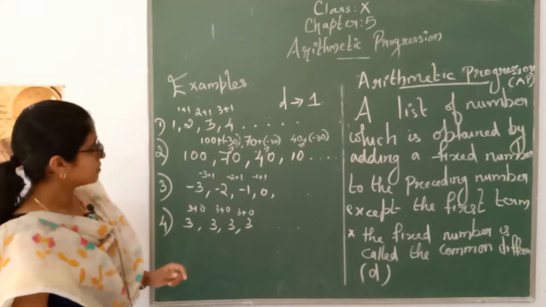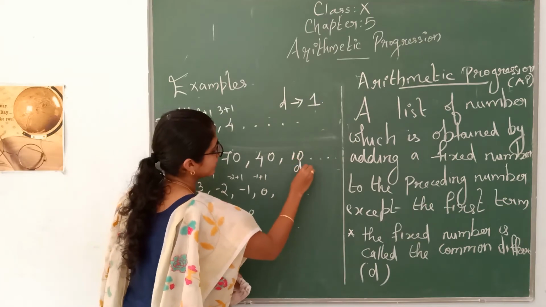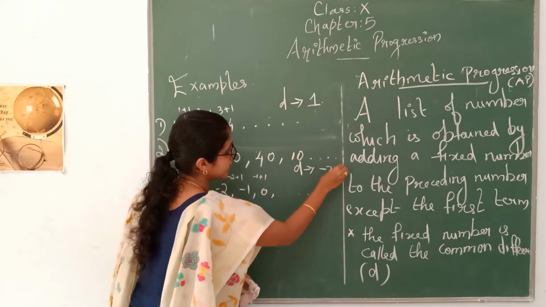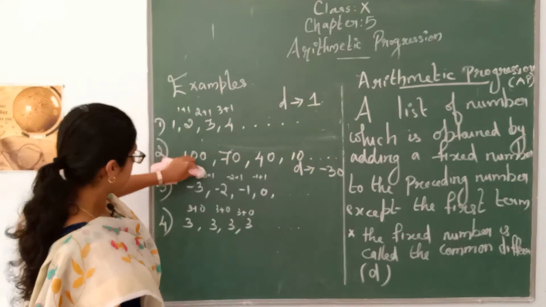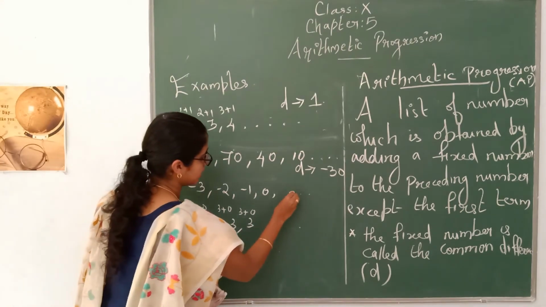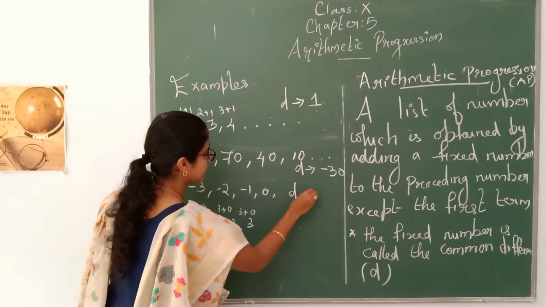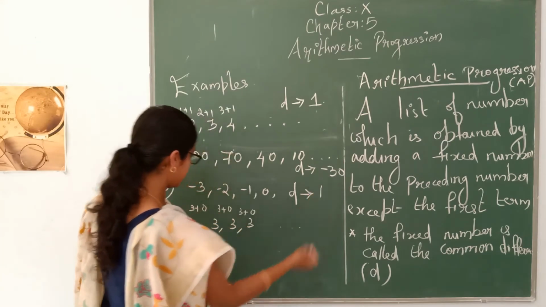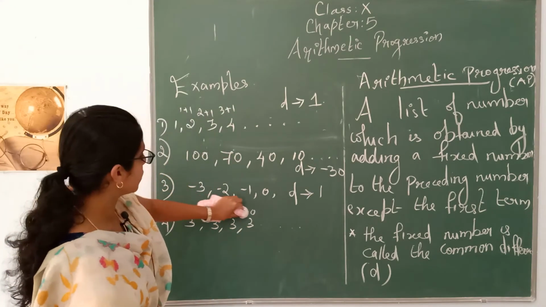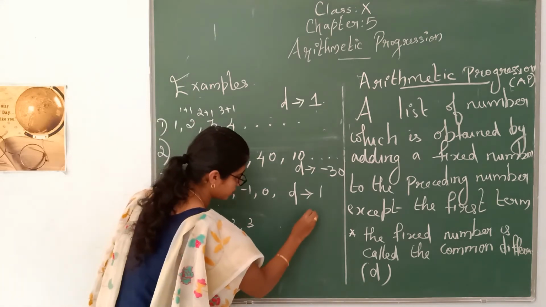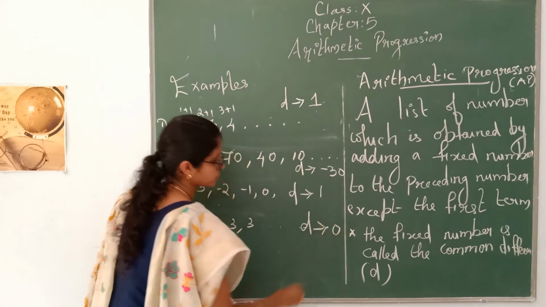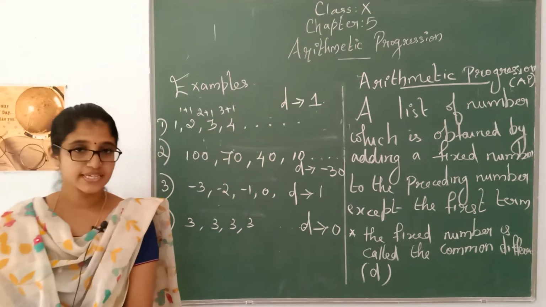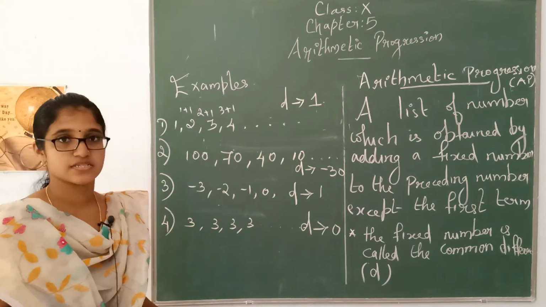In the second one, d is minus 30. Third one, d is 1. And for the fourth one, d is 0. So I think it is clear what the common difference is.